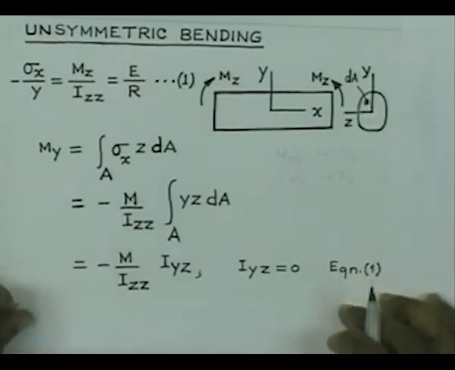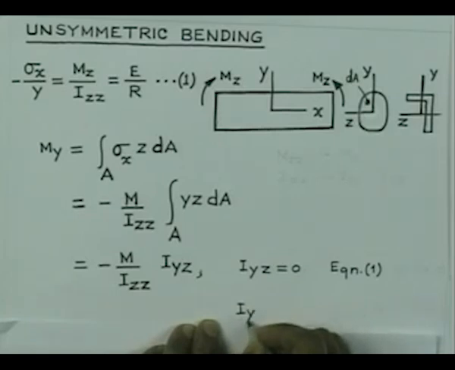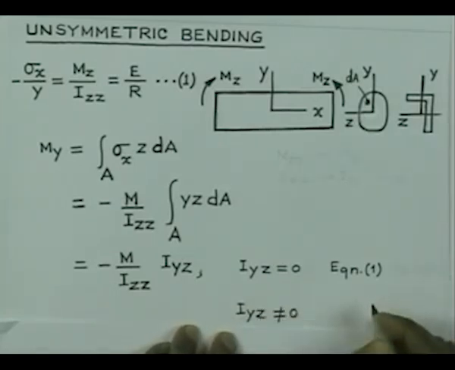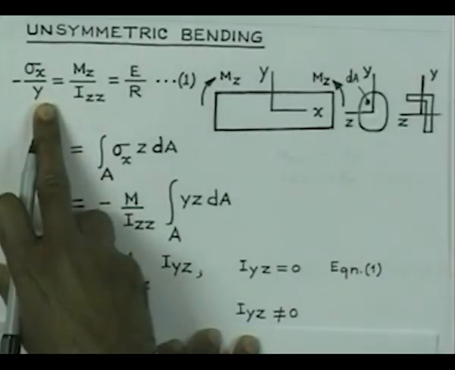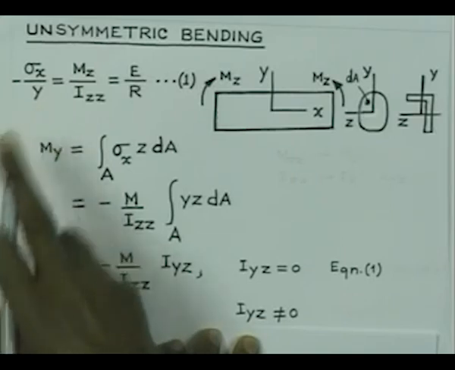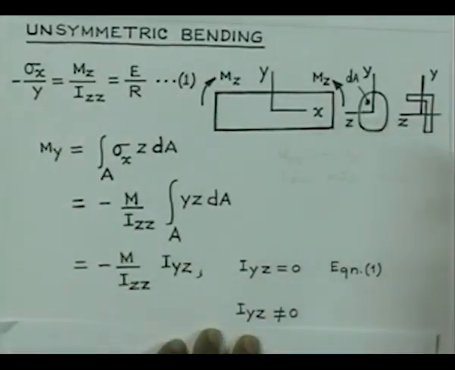Suppose you have a situation where Iyz is not equal to 0. Then in that case, sigma x cannot be determined by this formula, and we have to find a different route to arrive at the stress distribution on a cross section.